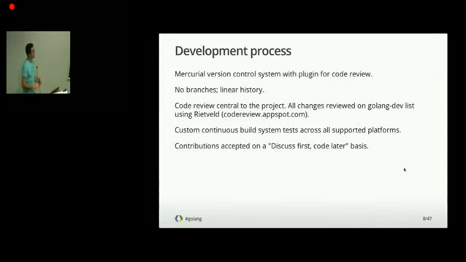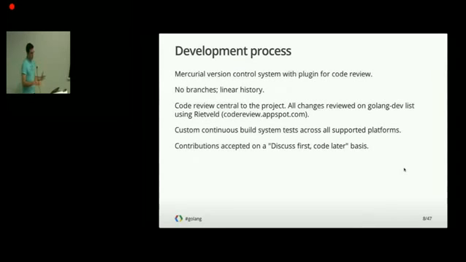Our development process is based around Mercurial, and we have a plugin for the Rietveld code review system, which is a derivative of a Google internal system that runs on App Engine. The Chromium team use it, and WebKit, and the people at Canonical use it, as I learned this evening. But interestingly, for working with Mercurial, we use no branches in our development process. Everything happens on a change-by-change basis, and there are no deviations from the main line.